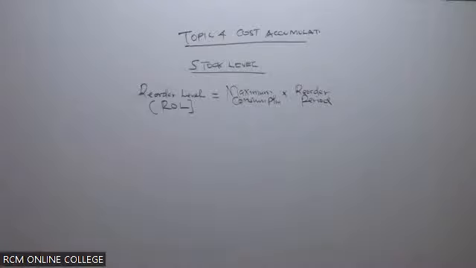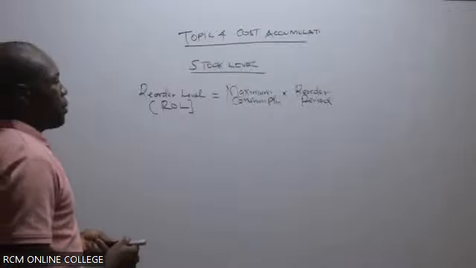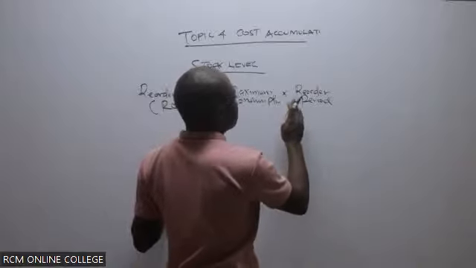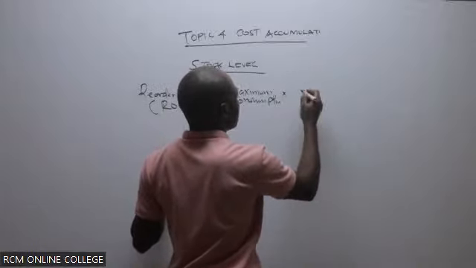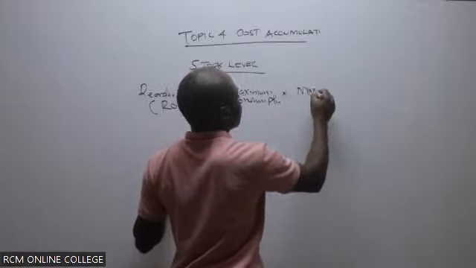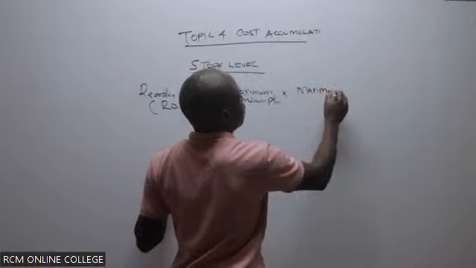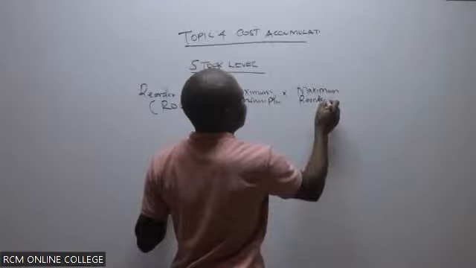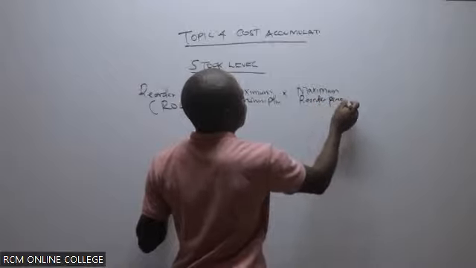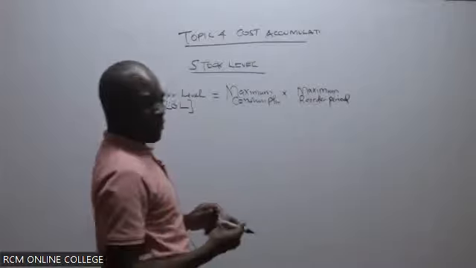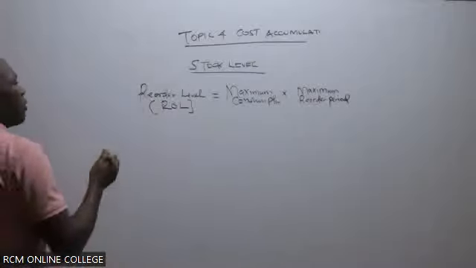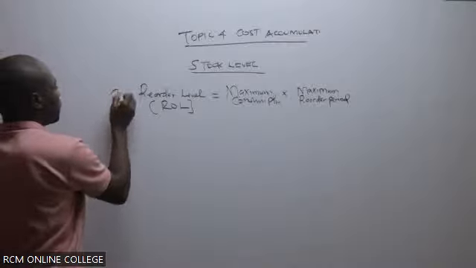Maximum consumption times reorder period, but not just reorder, maximum reorder period. So that's formula number one, which you need to have here.